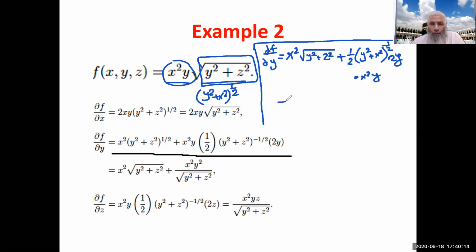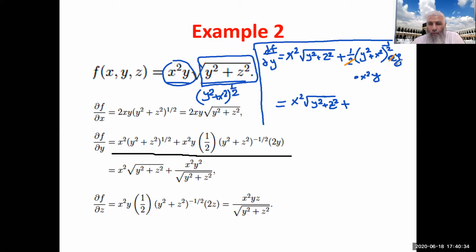So we can write this again: x squared root y squared plus z squared, plus 1/2 multiply 2, we can simplify this.